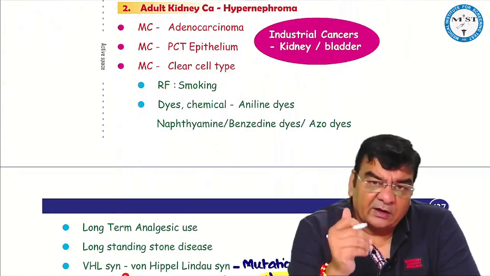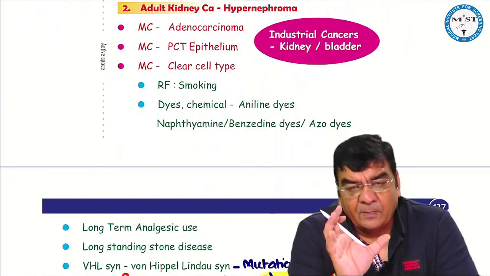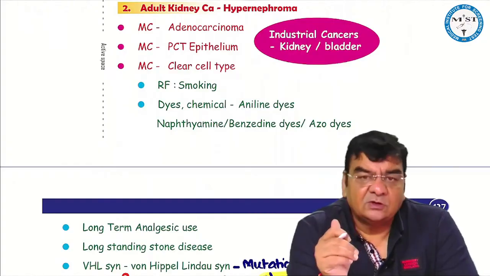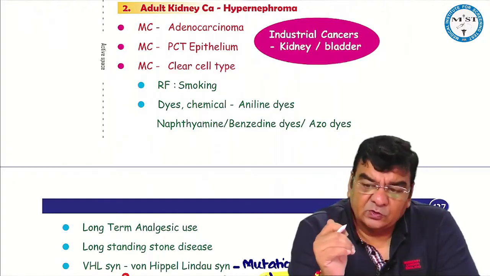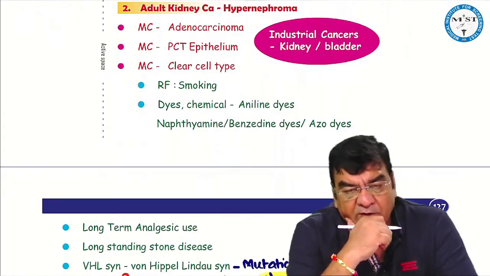Kidney and bladder cancers are most often related to smoking, because toxins in smokers are excreted through the urinary tract, exposing the urinary mucosa for a long period of time.